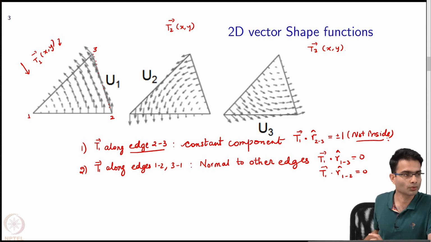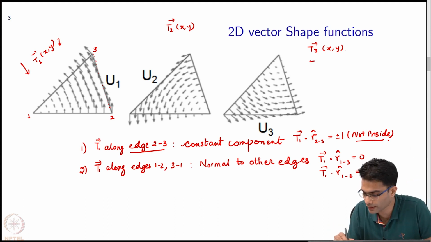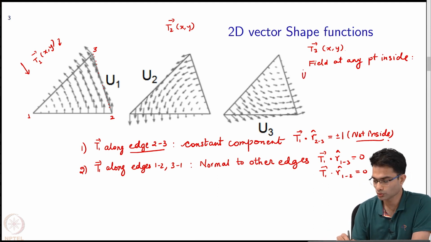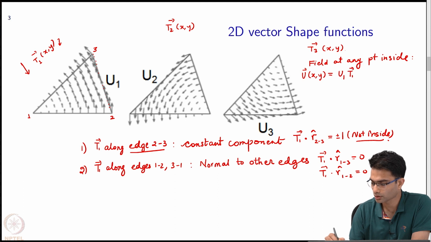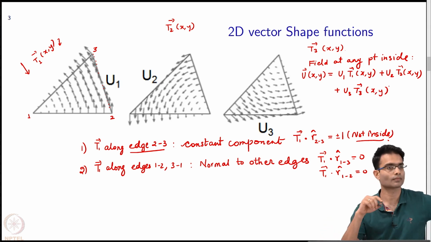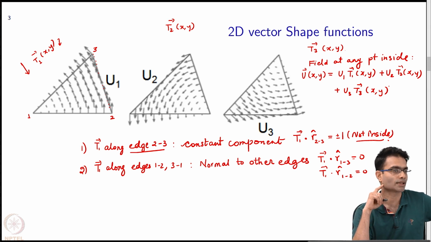So, when I do this, now I can write down the field at any point inside. How can I write it now? So, u is now a vector of x y, equal to u1 t1 x y plus u2 t2 x y plus u3 t3 x y. A linear combination, that is how I am going to write it.